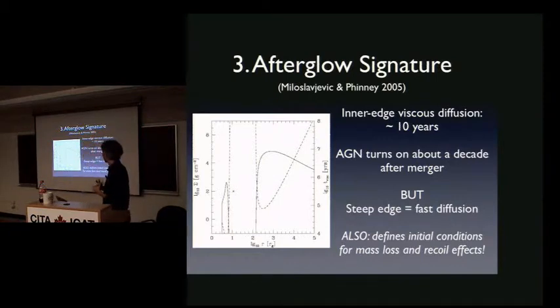It's not too difficult. The time scale is R squared over the viscosity at the given scale. The amount of mass involved here and the viscous time scale lead you to believe that you will have a pretty bright Eddington, or maybe even super-Eddington, accretion flow developed on decade time scales after the coalescence.